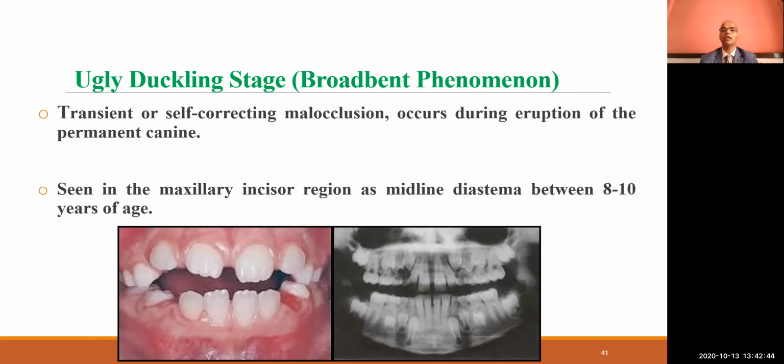So it is seen in the maxillary incisor region as a midline diastema between 8 to 10 years of age. In the diagram, we can see there is a midline diastema and flaring incisors. And also in the OPG, we can see there is spacing between the central incisors. It occurs due to eruption of the canine. In the OPG, you can see that the canines are erupting.